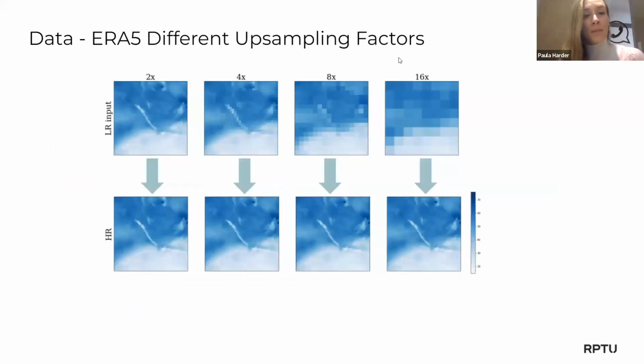And then what I mentioned before, we played around with different upsampling factors, so 2 times, where you can see we always have the same high res, and then we create the low res ourselves, 4 times, 8 times, and 16 times. Also again to see if the constraints work independently of the upsampling factors.